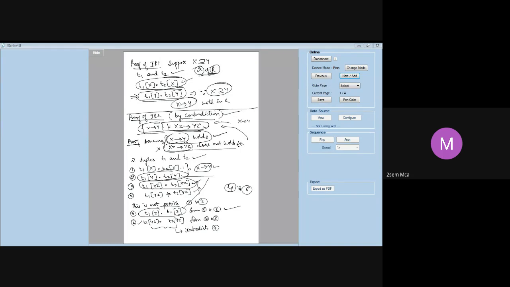I already have separated X, so I can also write XZ in the form of separation. Is it clear, Rupak? Yes, ma'am. T1 of XZ is equal to T2 of XZ is our third step.